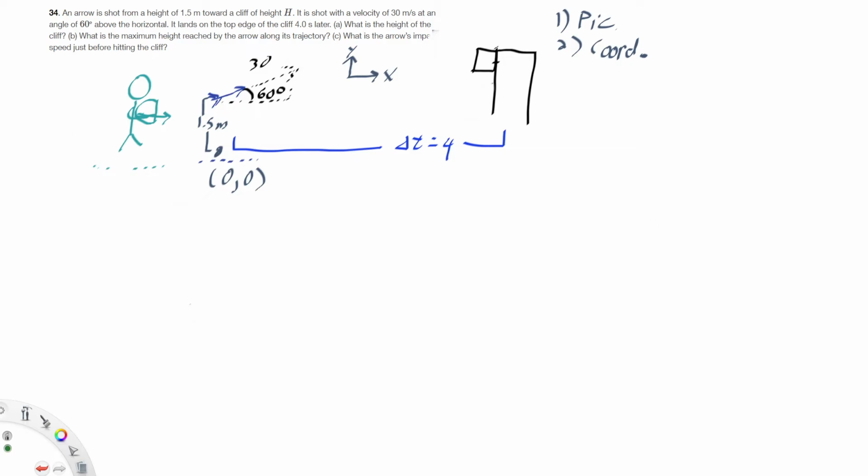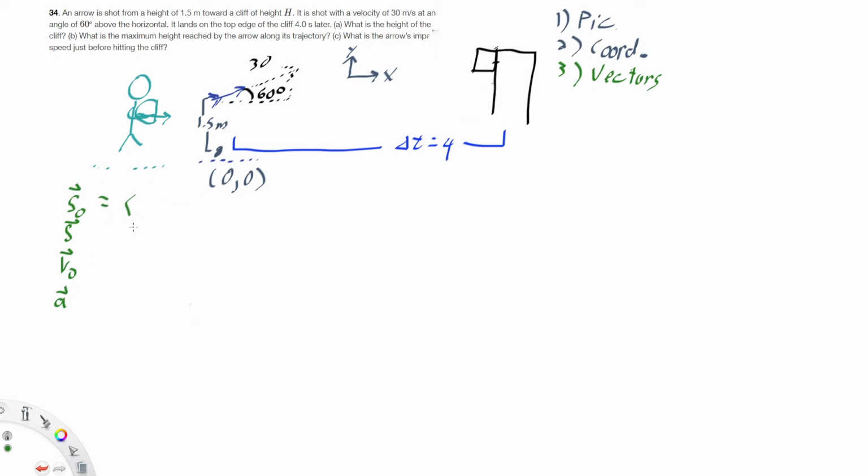Okay, so then step 3 is always break down vectors, always. When we're doing kinematics, there's 4 vectors that are of particular importance to us. And those are the initial position, the final position, the initial velocity, and the acceleration.